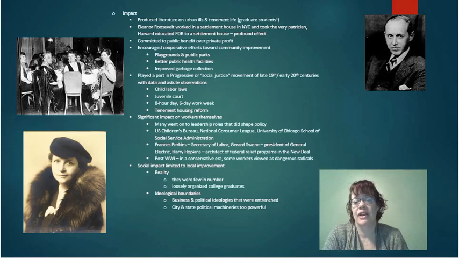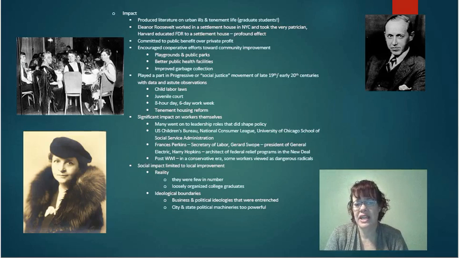Instead, this is very local, it's very few in number considering the enormity of this problem. They were loosely organized by college graduates, so there's no national organization that can help encourage these settlement houses.